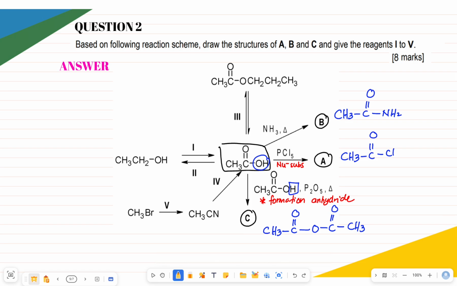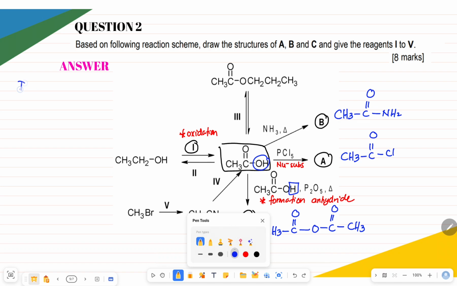Okay, so next, reagents 1 to 5. Let's look at reagent 1. From alcohol to carboxylic acid, this is oxidation. So for reagent 1, we use strong oxidation, KMnO4, H+, and heat.